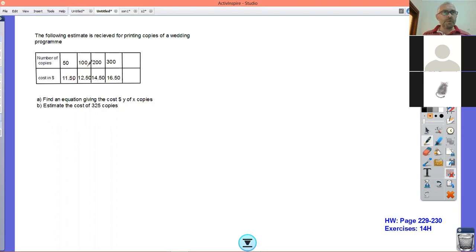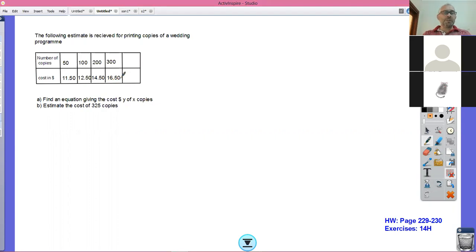If you print 100, the cost will be 12.50. If you print 200, its cost will be 14.50. If you print 300, the cost will be 16.50.